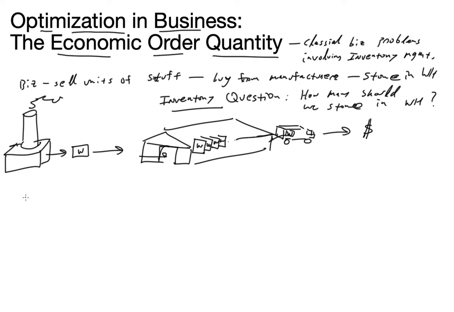So let's come up with a few basic definitions. So we're going to talk a little bit about the goal here, which is to minimize the total cost of inventory.